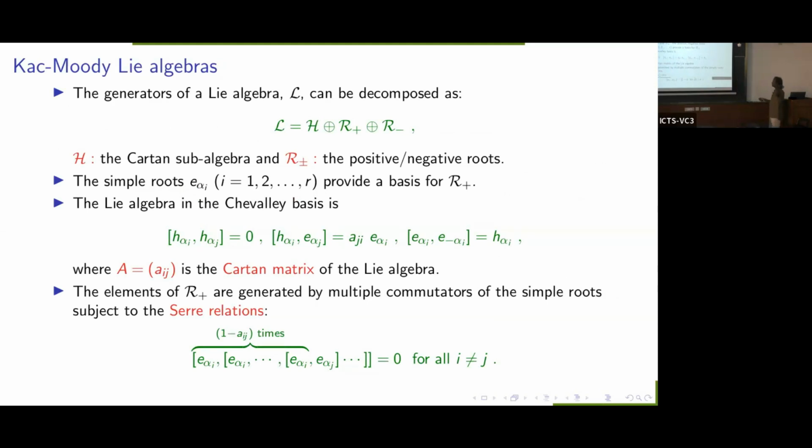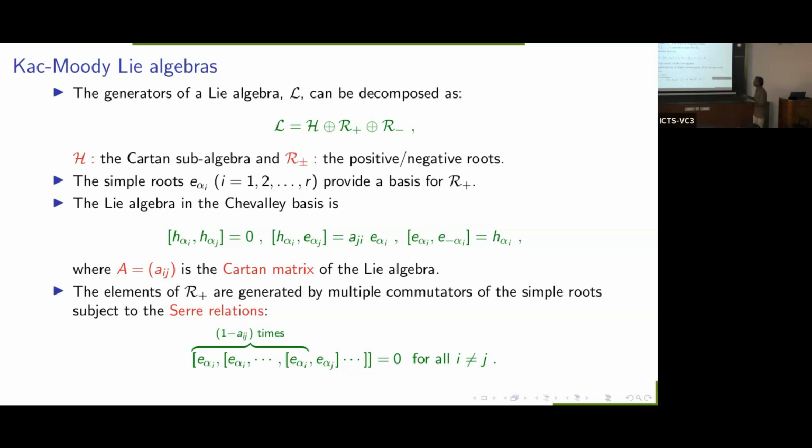The analogous thing you can do for any Cartan matrix you give me: we can have some simple roots, we call them E alpha i, where i goes from 1 to r, and they provide a basis for the positive roots. The Lie algebra in the Chevalley basis can be written, and this is where the Cartan matrix appears. And then there are some Serre relations.